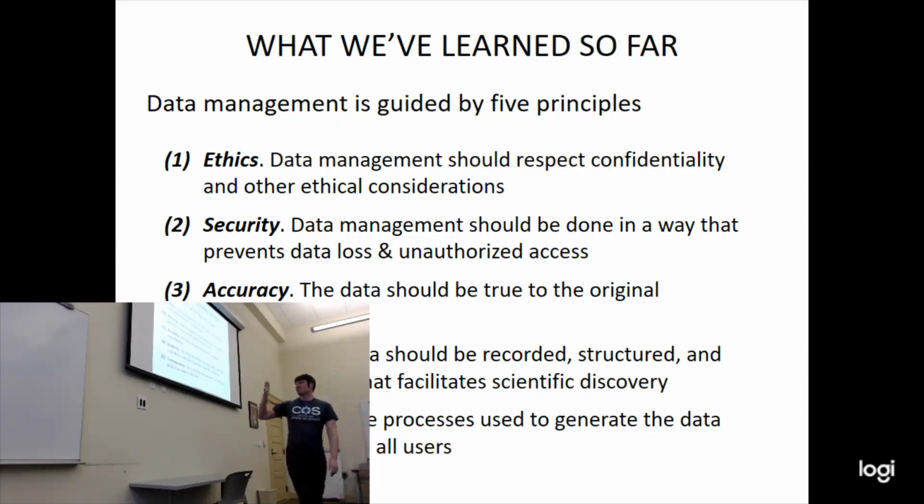We've already talked a bit about how to make data useful. So I talked about data set structure and how certain structures tend to be more useful than others. The sorts of things that I'm going to talk about today also bear on some of these last 3 principles: accuracy, usability, and transparency.